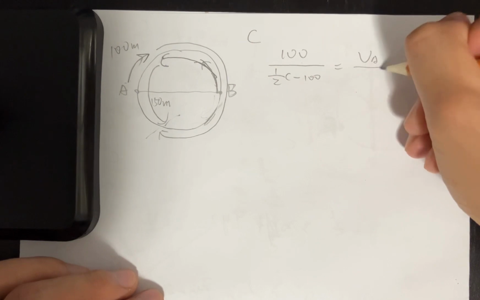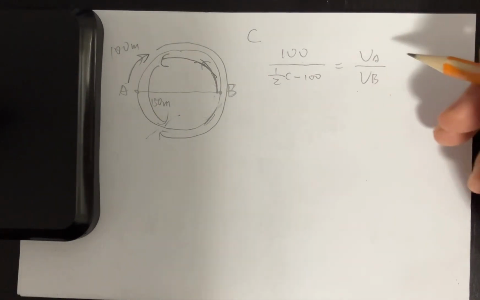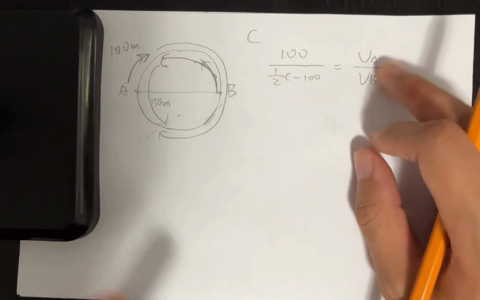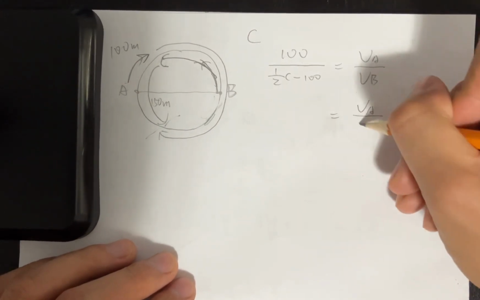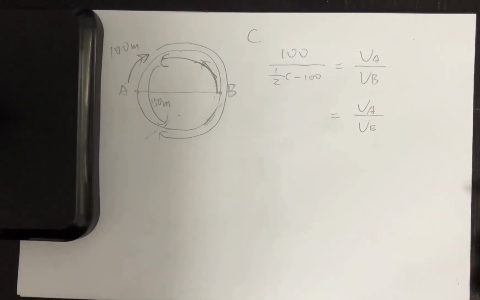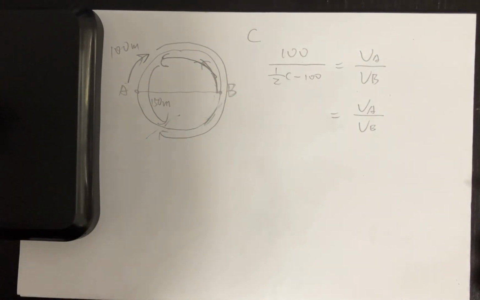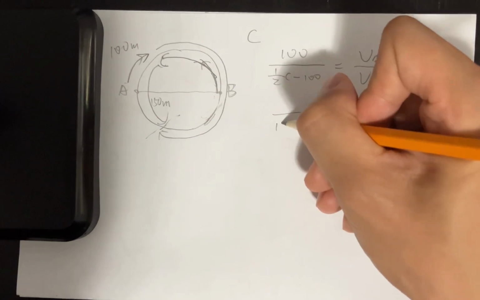This should be VA to VB, because the time is fixed, and the ratio of distance should be the ratio of velocity, the ratio of speed. Let's see if we can get another expression for VA to VB, then we can get a new equation and solve it for C. From the first meeting point to the second, B has moved 150.